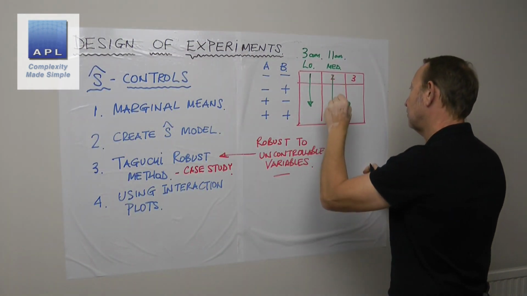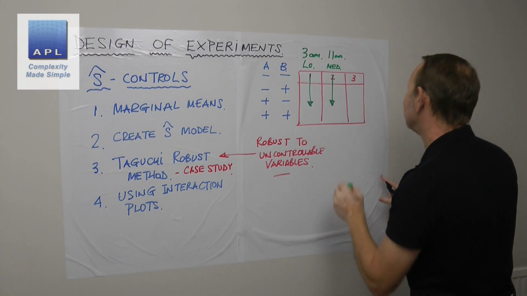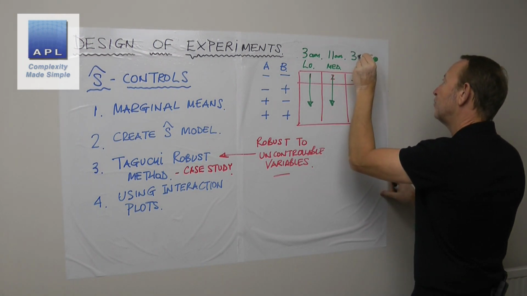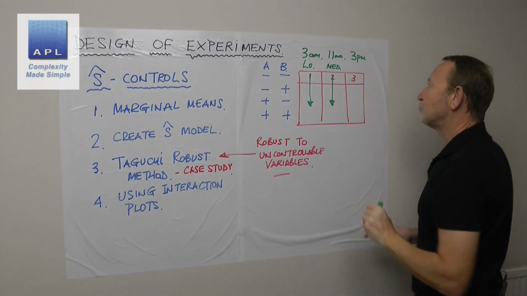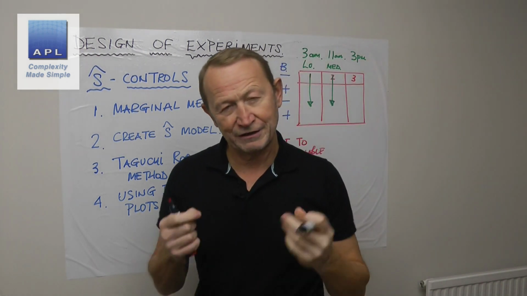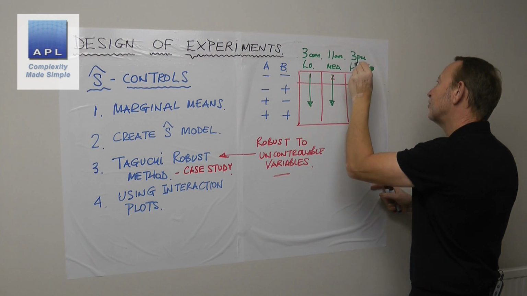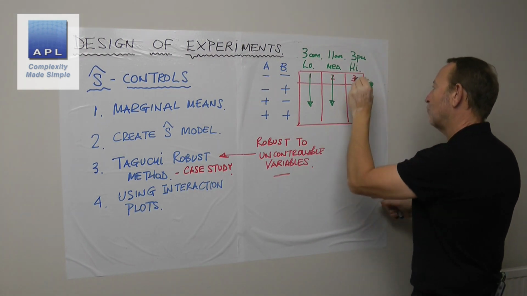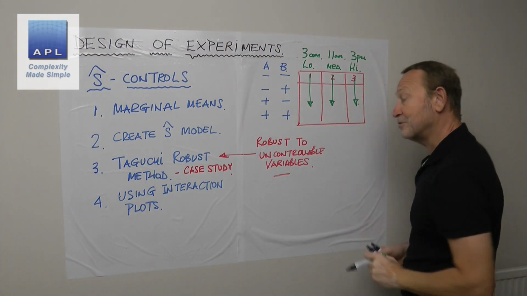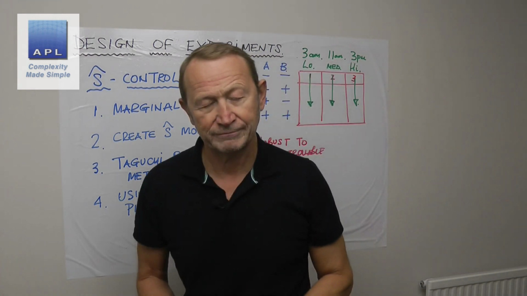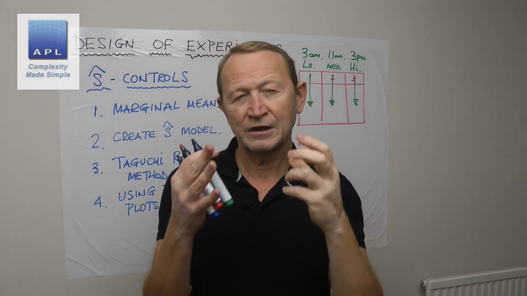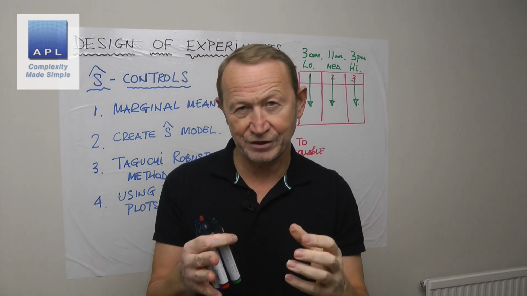We collect a column of data. And then we come back at the hottest part of the day, 3 o'clock in the afternoon. Now what we know is the temperature is going to be up highest. We collect another column of data. And that's the way the DOE is set up.